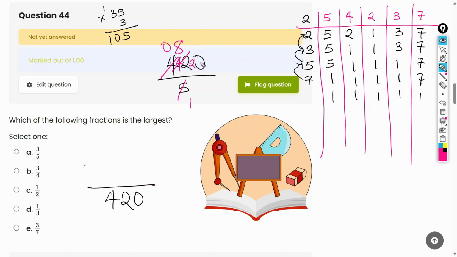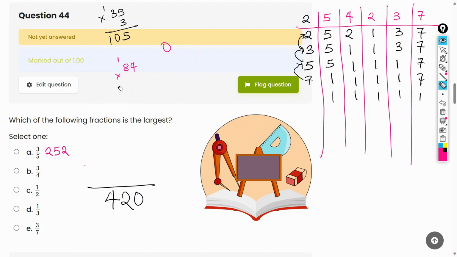Remember 2. 5 into 20 is 4. 84. And then we multiply that by 3. So 84 times 3. 3 times 4 is 12. 2 carry 1. 3 times 8 is 24 plus 1, that's 25. So that's 252.